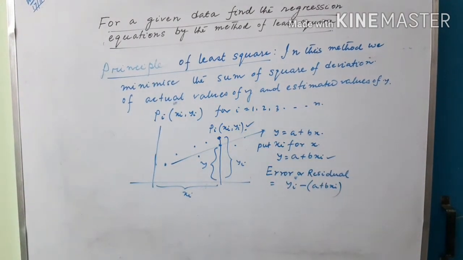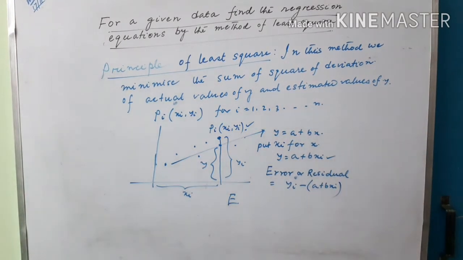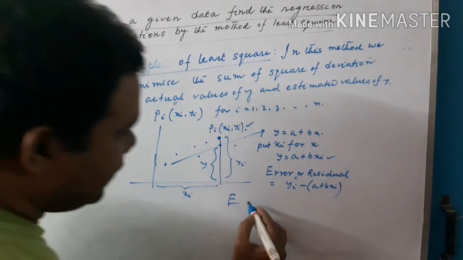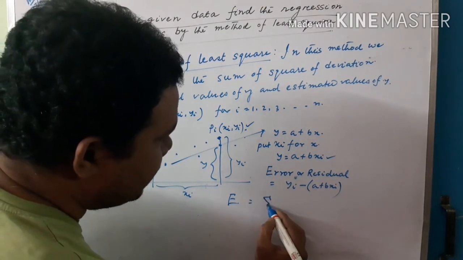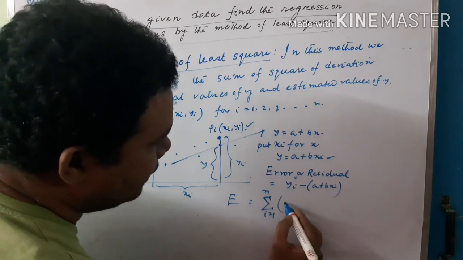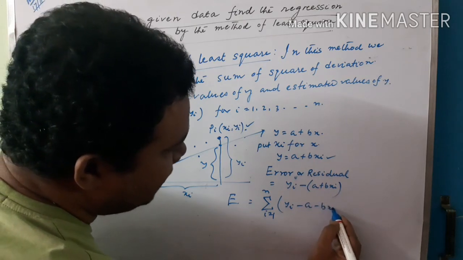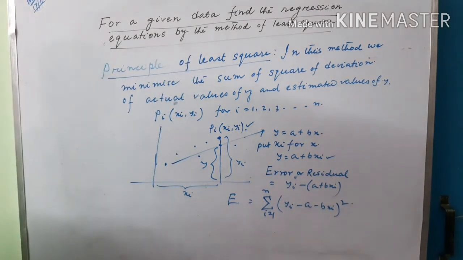Now we try to minimize the sum of squares of all these errors. So what is the sum of squares? Let E denote the sum of squares of all these errors. Therefore E equals sigma i equals 1 to n of (yi minus a minus bxi) whole squared.